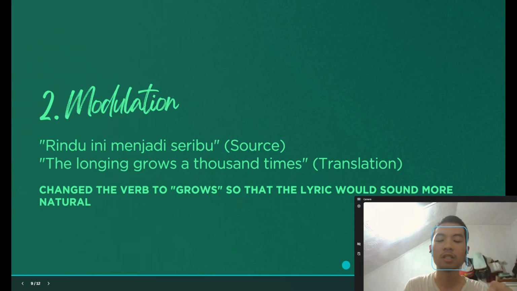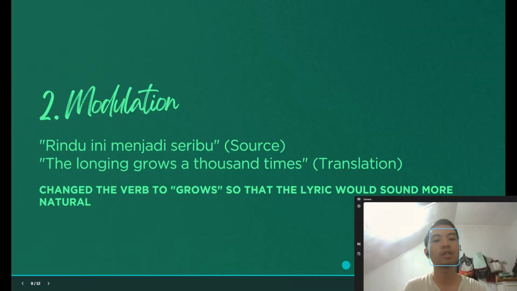And I choose "grows" over "multiplies" or anything similar to "becomes" because it still conveys the same feeling while sounding a bit more natural and poetic in English lyrics.